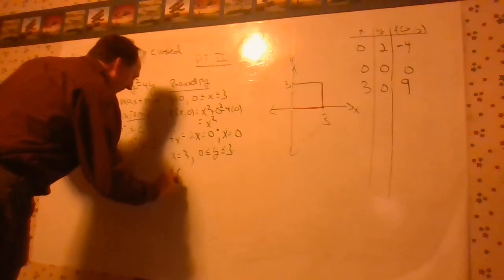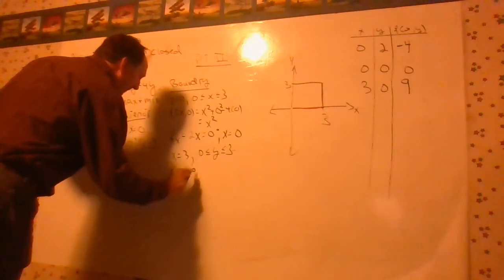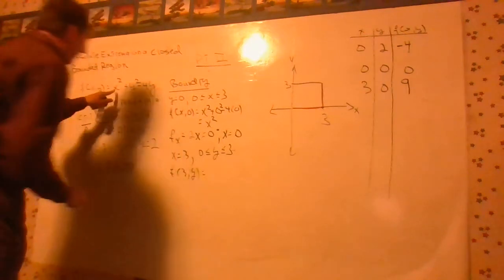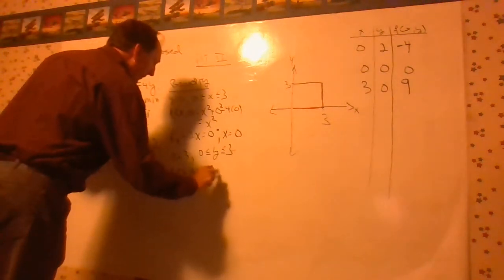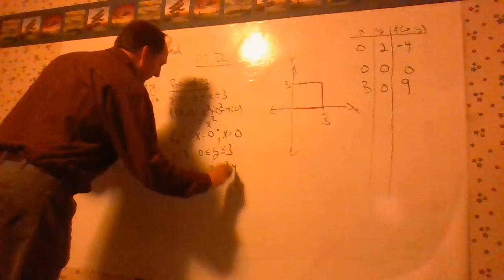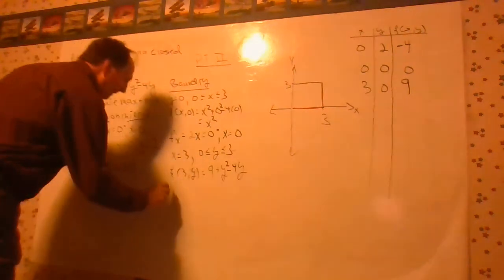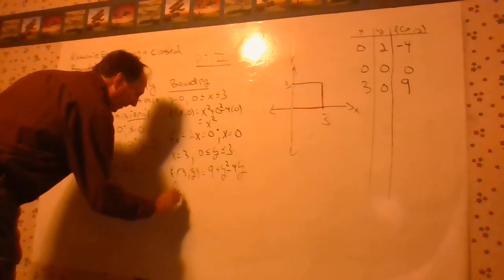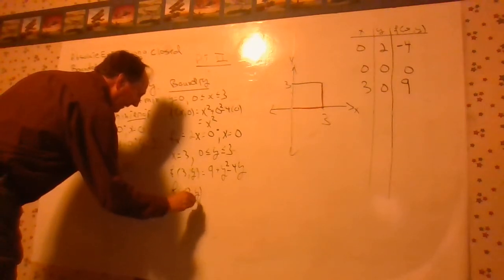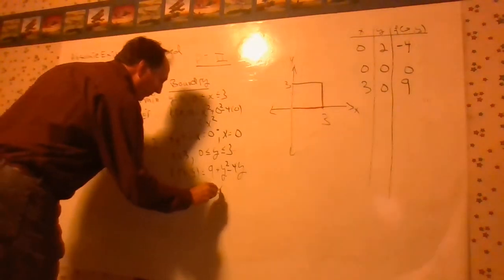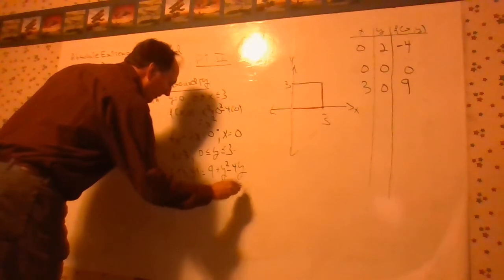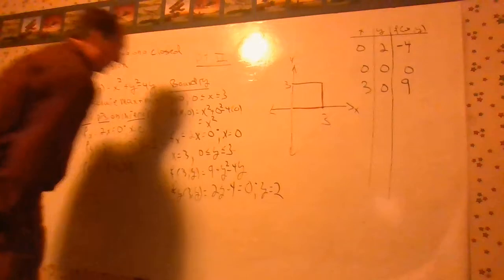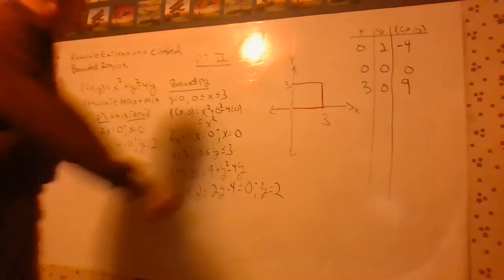We get f of 3, y is equal to 9 plus y squared minus 4y. And you're going to take f sub y of 3, y, which is 2y minus 4, equals 0. y equals 2.